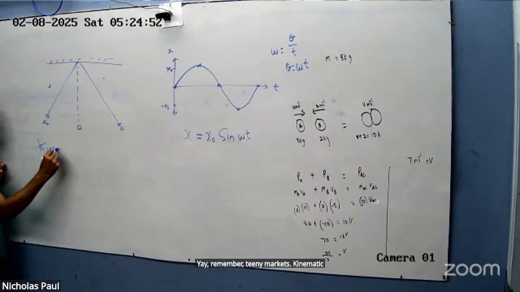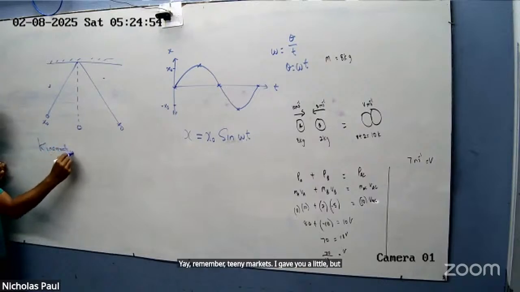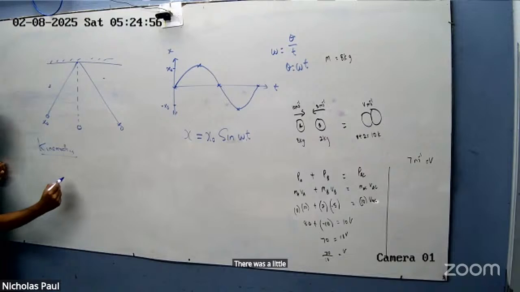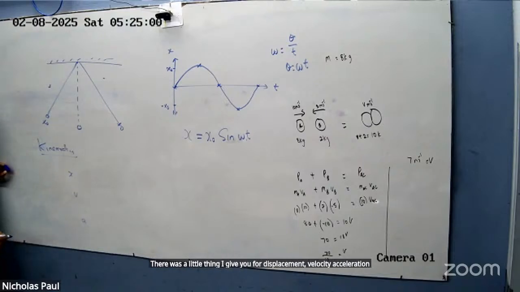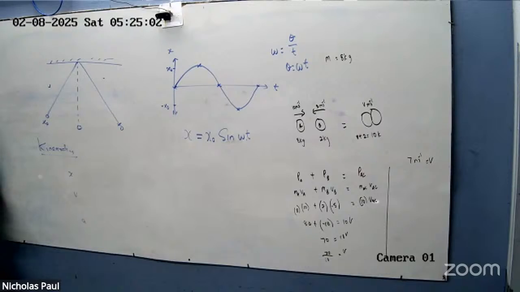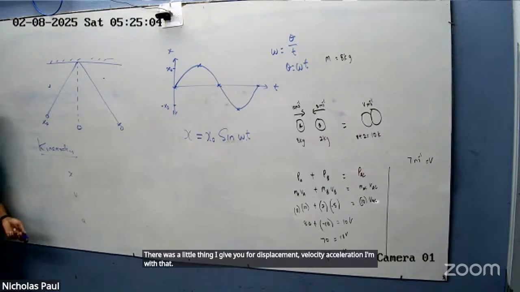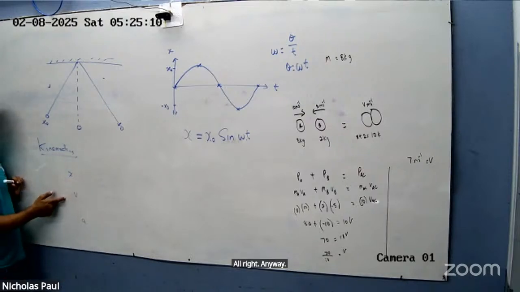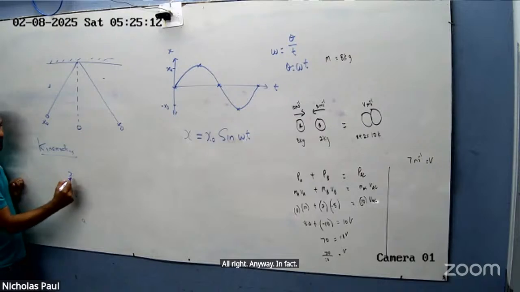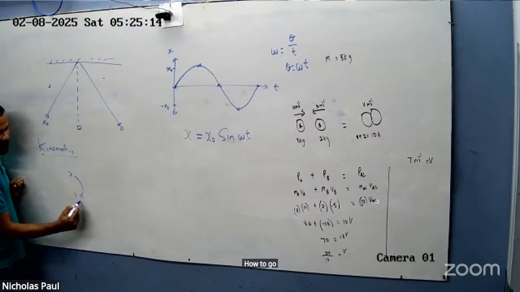I gave you a little thing for displacement, velocity, acceleration. Remember that? And it's all here. How to go from displacement to velocity?